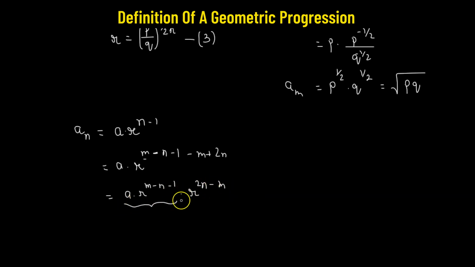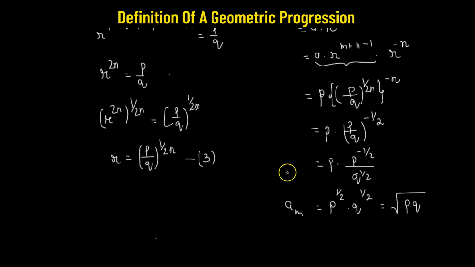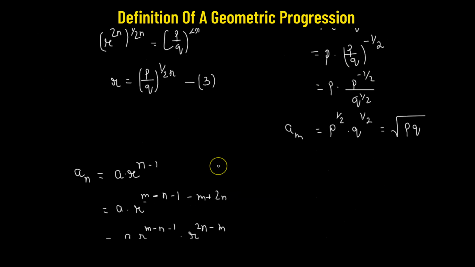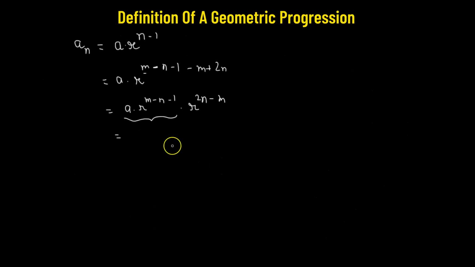So this can be replaced with a value. So according to equation 2, this is q. So this will be equal to q times our common ratio. So our common ratio is p over q raised to the power of 1 over 2n, whole raised to the power of 2n minus m.